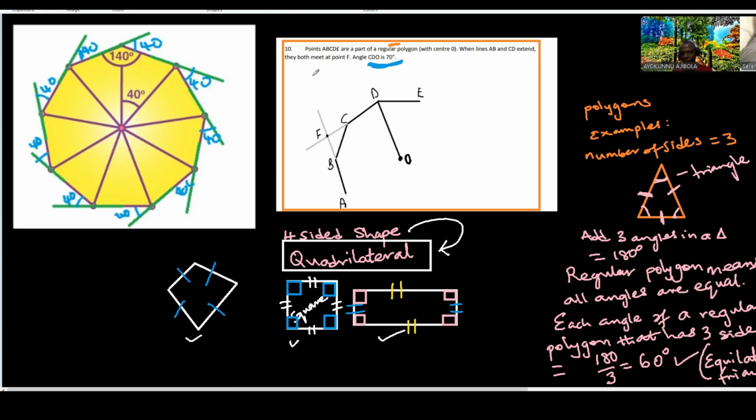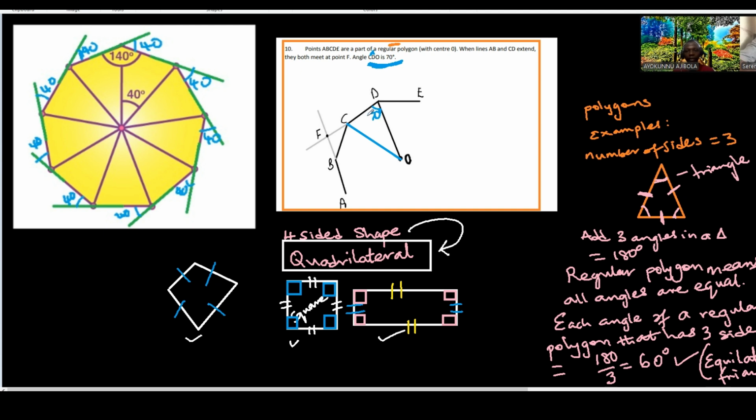So if I have a line from the center and join between C, D, and O to form a triangle, you can see C, D, and O forming a triangle, right? So at D, I have 70 according to the question. But this is not the internal angle.